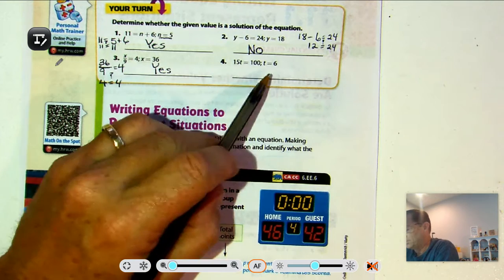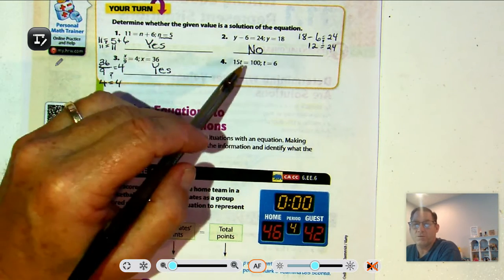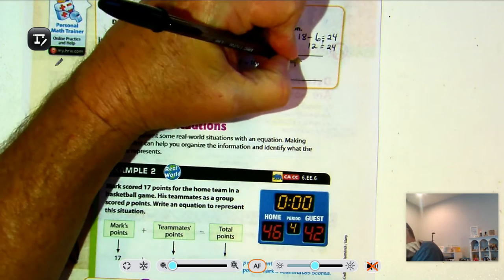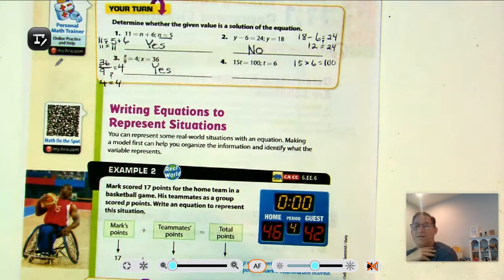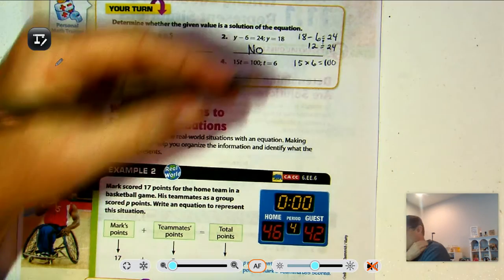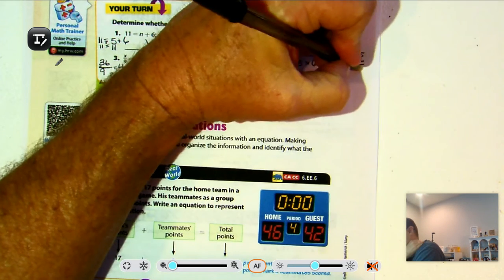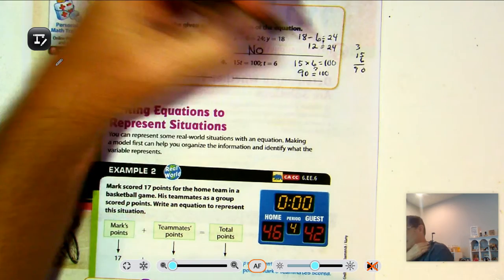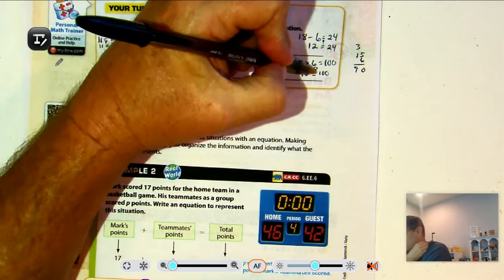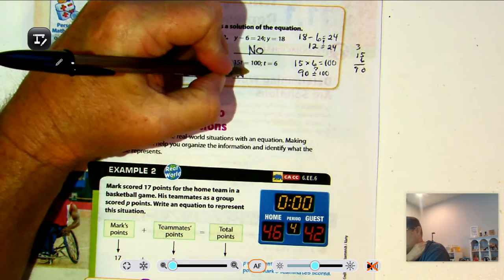And they want us to substitute 6 for our unknown number. So we're going to go 15 times 6. And does that equal 100? Well, that's 90. And 90 doesn't equal 100. So no, it's not a solution.